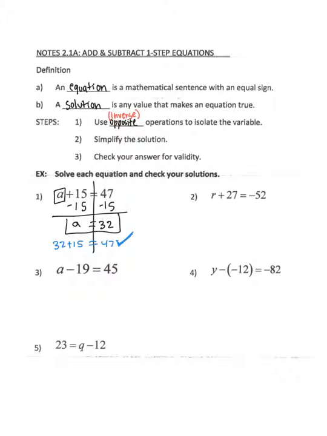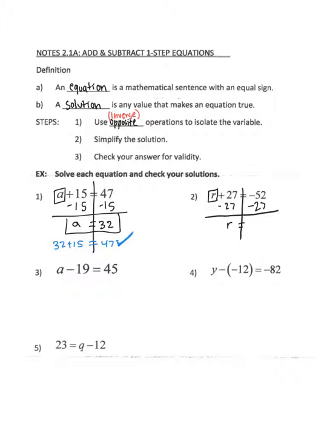Okay, so let's look at number two. I want to isolate my variable r, so I need to get rid of this plus 27. The inverse of addition is subtraction, so I need to subtract 27 on both sides. 27 minus 27 is 0, so I just have r on the left.